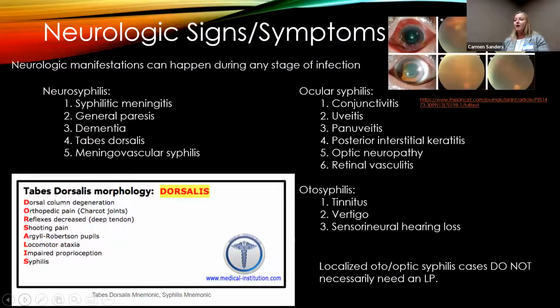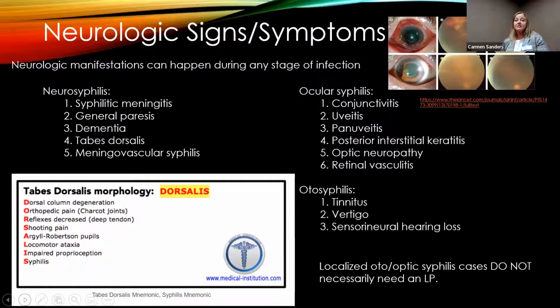Back in the day, we all thought those neurologic symptoms only happened in the late or tertiary stage of syphilis. Recent information has found out that that's not true. Neurological manifestations can happen during any stage of the syphilis infection, including primary syphilis. So as you're running these RPRs on people that you think have syphilis, or if you incidentally screen somebody for syphilis and find that they do have a positive test, you want to come back and do a more thorough exam with them to rule out these neurologic symptoms.